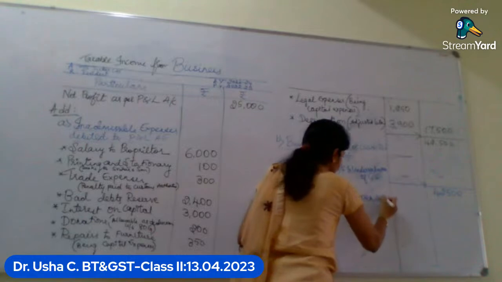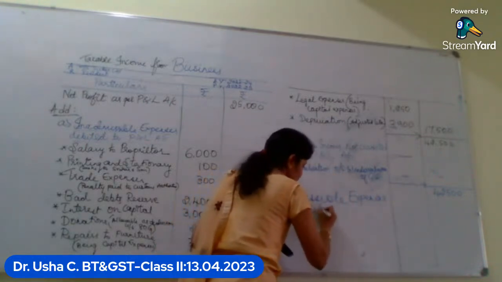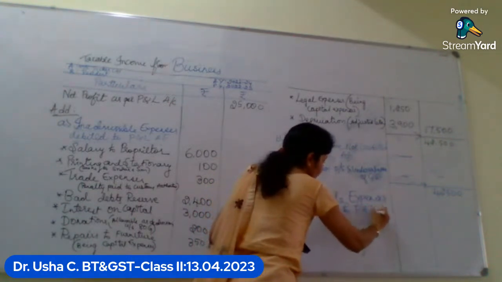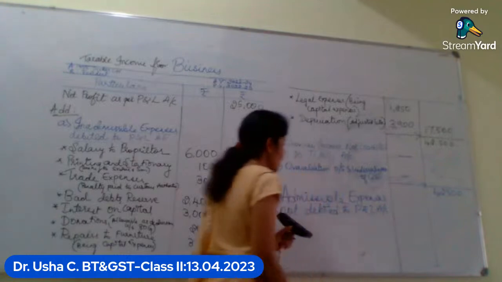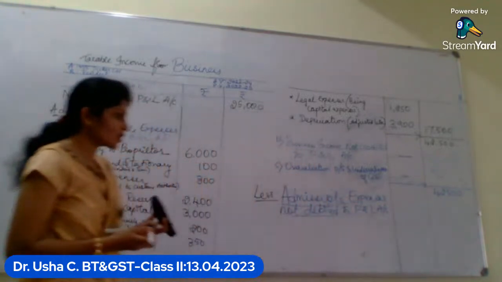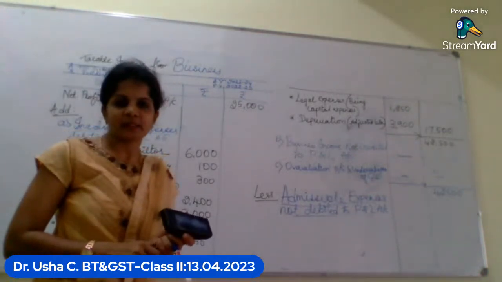Admissible expenses not debited to profit and loss account. What are all the admissible expenses which are not debited to profit and loss account must be taken.